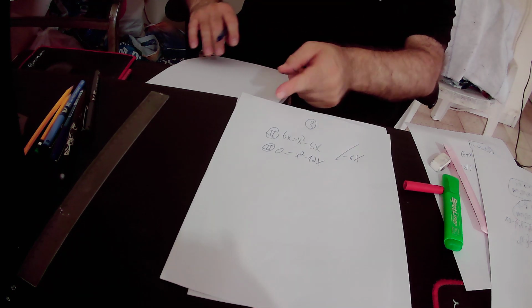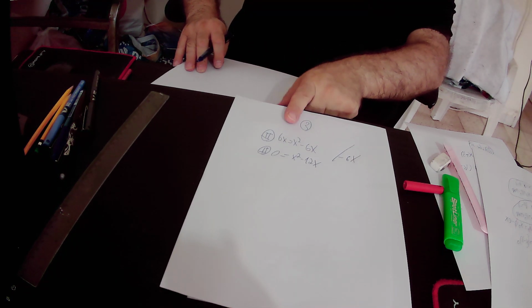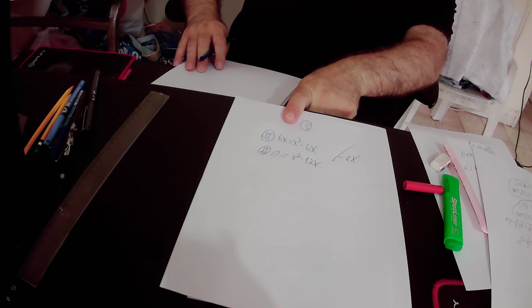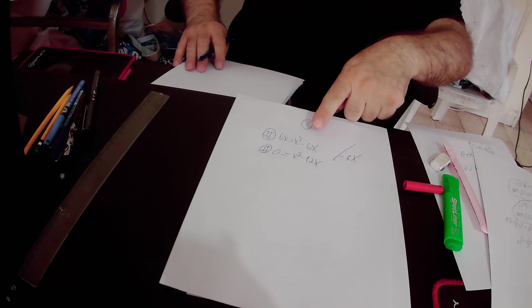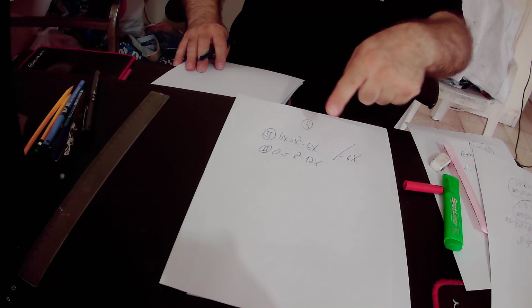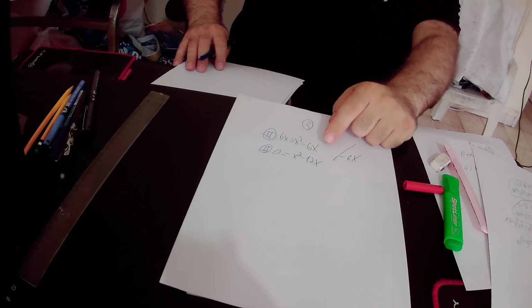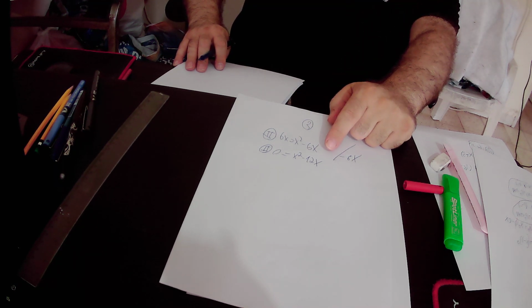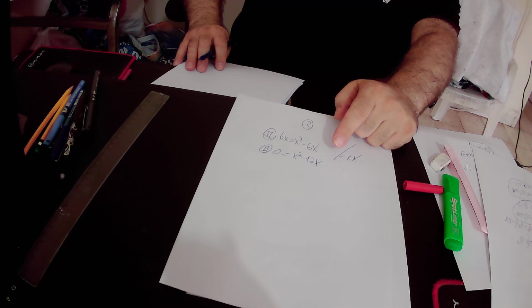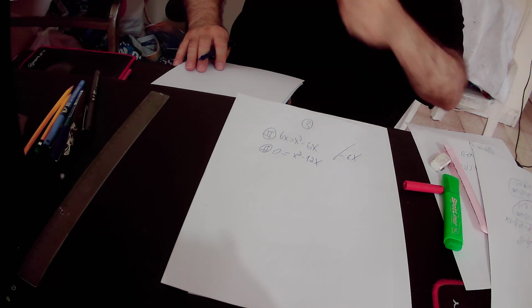So we subtracted 6x from this equation. 6x minus 6x equals 0, and x squared minus 6x minus 6x equals x squared minus 12x, because minus 6x minus 6x is equal to minus 12x. So in total we got that 0 equals x squared minus 12x.